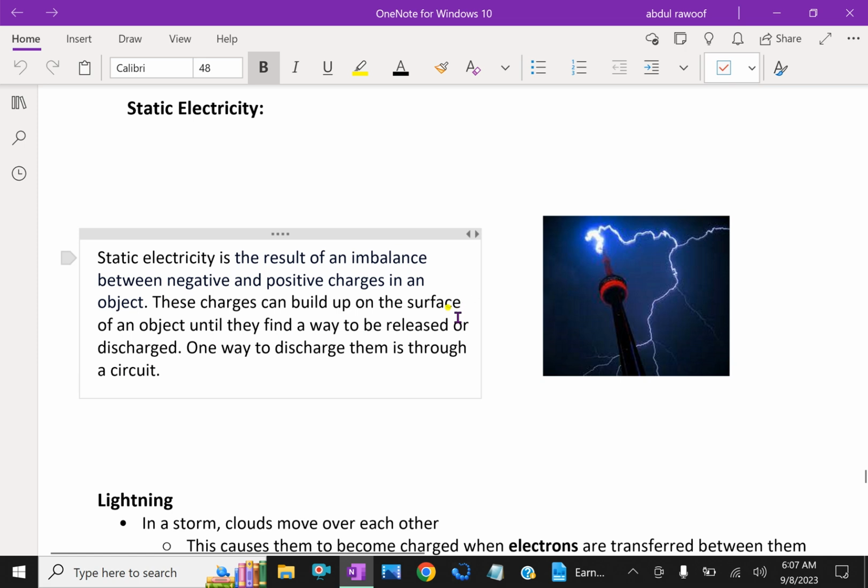What is static electricity? Further detail. Static electricity is the result of an imbalance between negative and positive charge in an object. These charges can build up on the surface of an object until they find a way to be released or discharged. One way to discharge them is through a circuit.